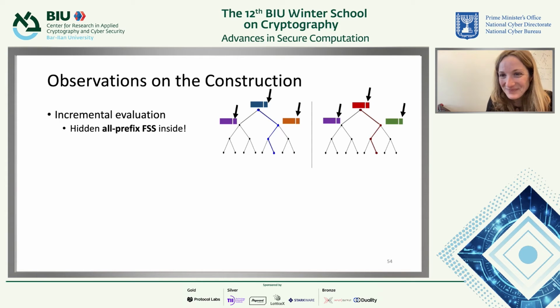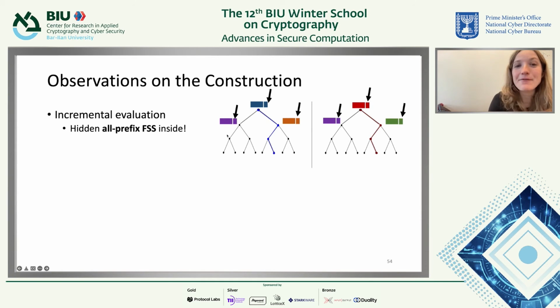And this is the answer. Remember, we maintained this invariant in the construction that at every single node, if you were on the path, your bits are a secret sharing of 1. If you're off the path, your bits are a secret sharing of 0.